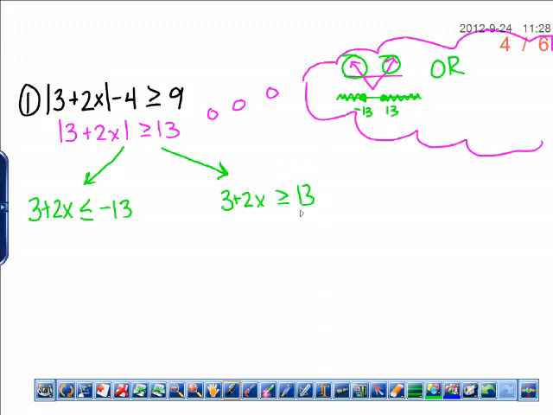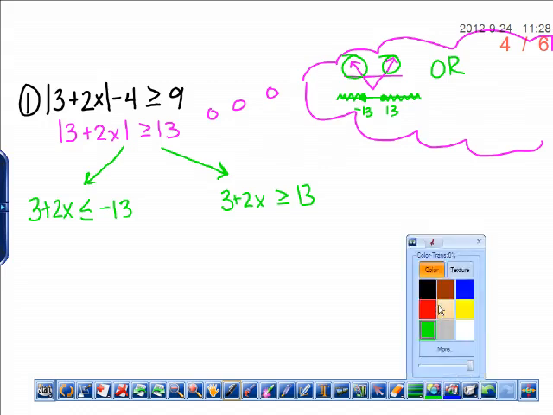The reason that this sign flips is to create this left part. The distance from 0 of this whole thing is bigger than 13, which means it's either got to be bigger than positive 13 or smaller than negative 13.